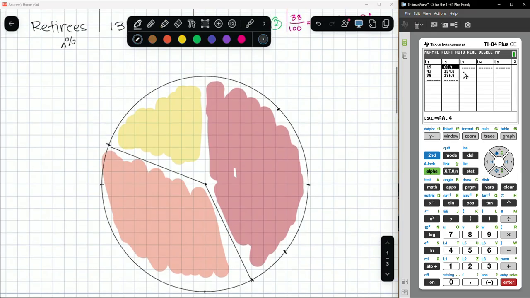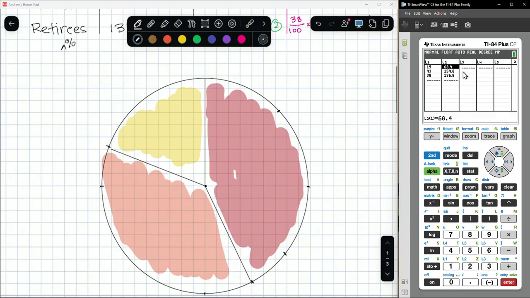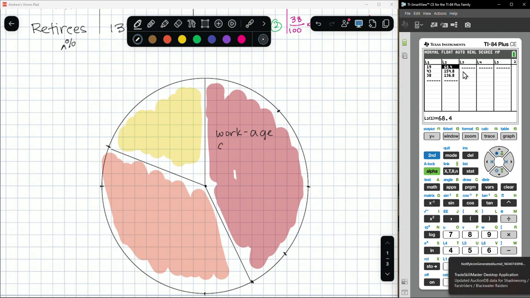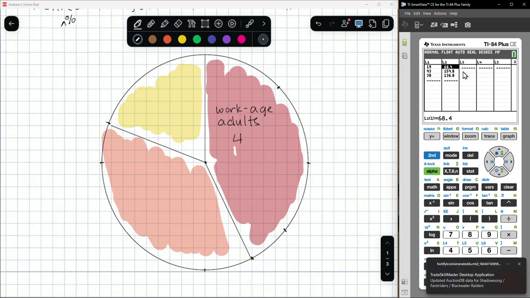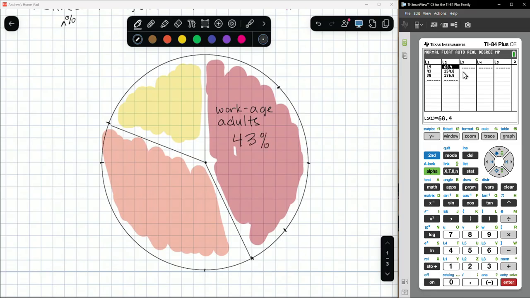So that first section, the biggest, was our work age adults. And I know that my work age adults were 43% of the population. And I notice I'm writing the percentage and not the degree measure.